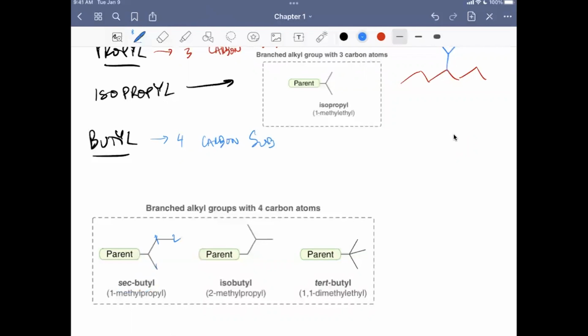You have isobutyl, which is the same as isopropyl, but you're just adding another carbon. So you still have this Y right here, but you just have this carbon. That's the difference. And then tert-butyl, if you look at a molecule, will look something like this. Okay, so those are some complex substituents that you'll definitely have to know for organic chemistry.